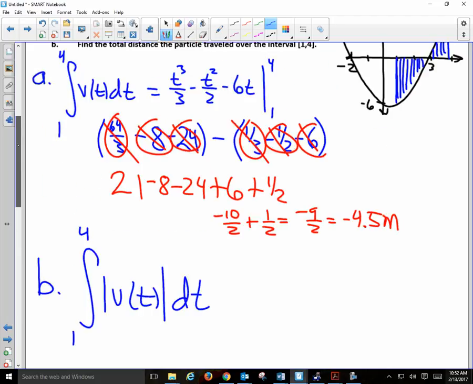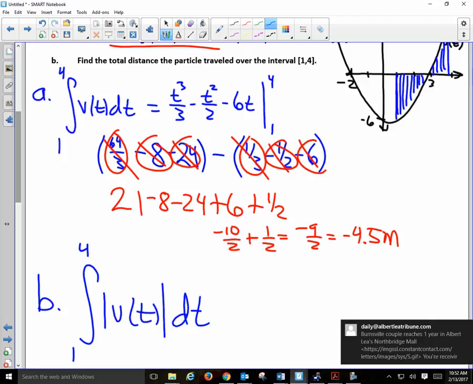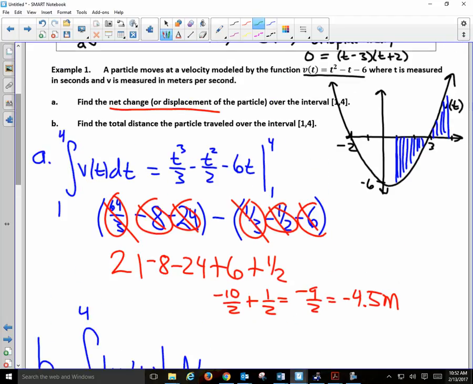So when we do the absolute value of v of t dt, what it will do is it will take this portion that sits below the x-axis here, and it will put it above. For example, if I draw the portion that's below the x-axis in green, I would get something like that, right? And it'll just simply push that on top, and so the green will be my newfound area.